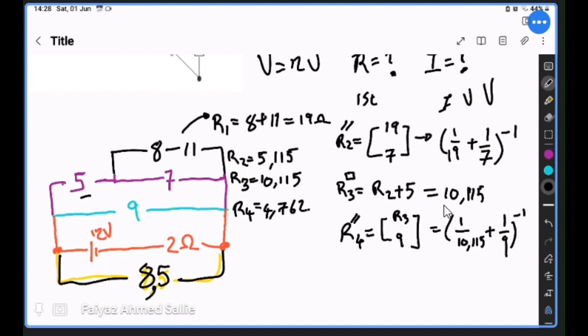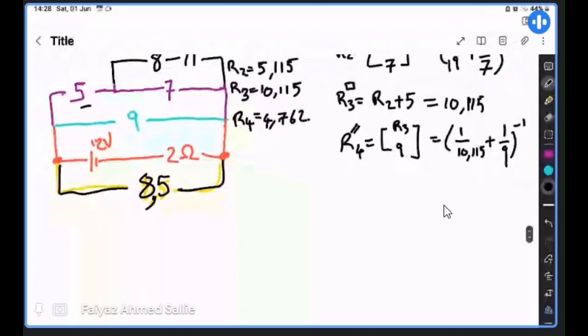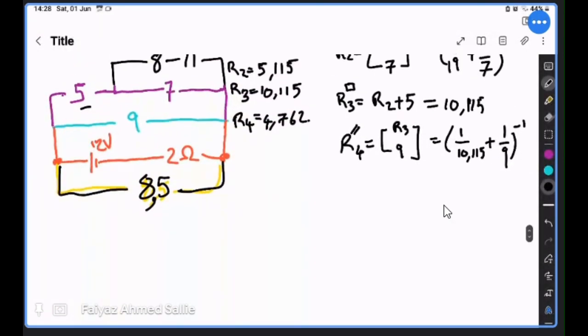Okay, so now we have all our values. So let's put that together. We have 4 comma 762. Then we have 12 and 2, and then we have 8 comma 5.